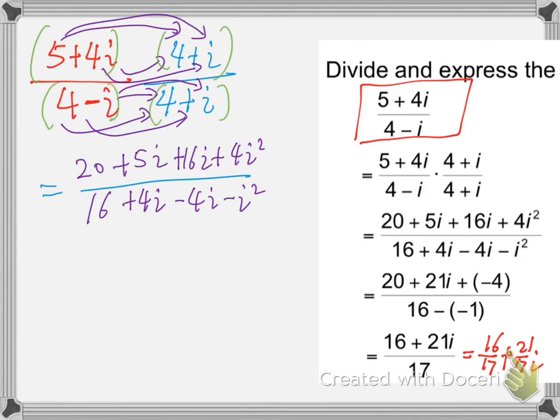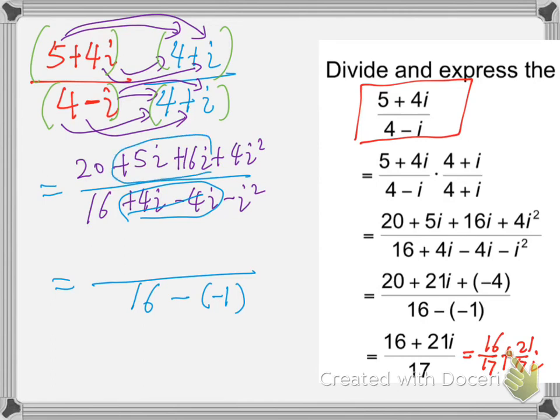So we have these parentheses, that's why we have distribution. We have the FOIL method. Now let's continue. Simplify the numerator and denominator a little bit. These two on the bottom cancel, so we get 16 minus i squared, which is negative 1. On top, the two in the middle, 5 plus 16, give 21i.